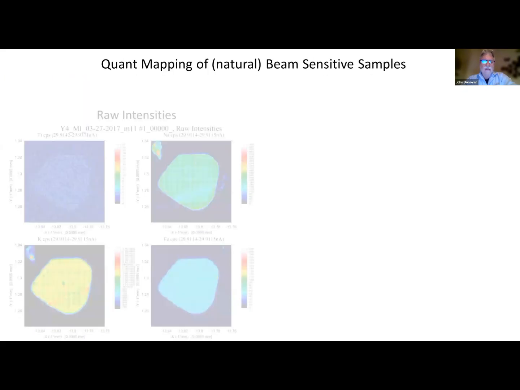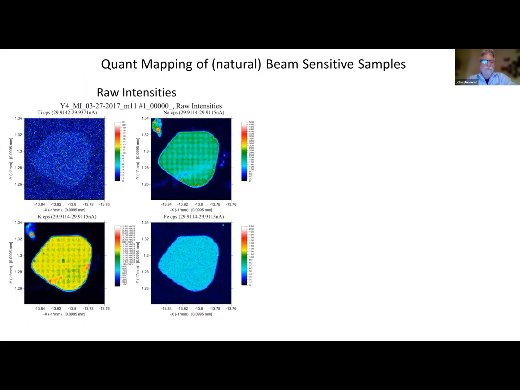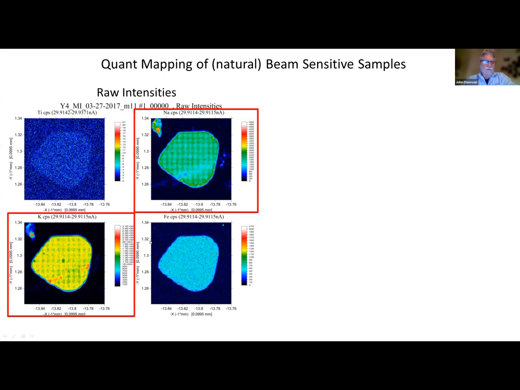Next, I'll show a natural sample. This is a melt inclusion in quartz. You can see we have our sodium here and our potassium there. Again, you're seeing this weird gridding pattern that's formed by the accumulated charge that is dragging along some alkali ions, we suspect.